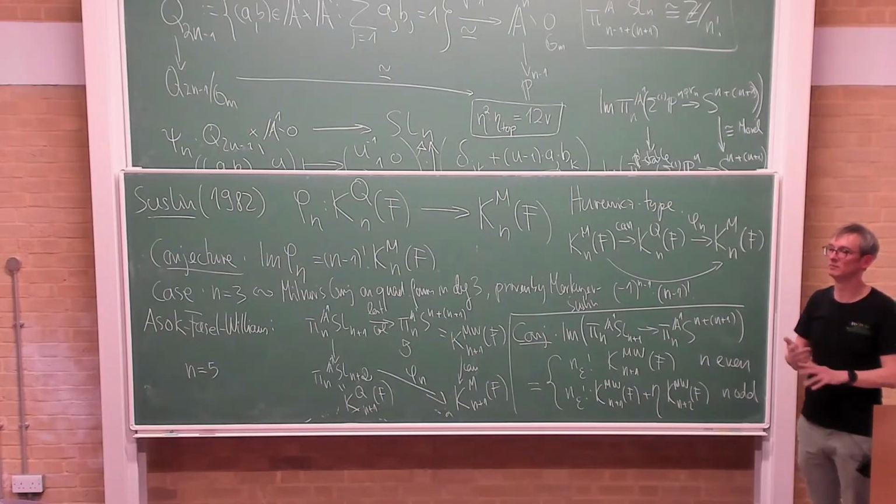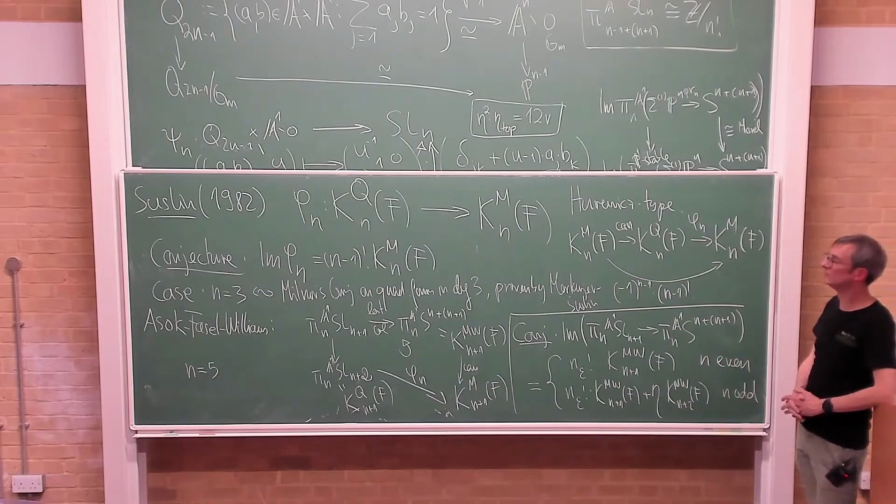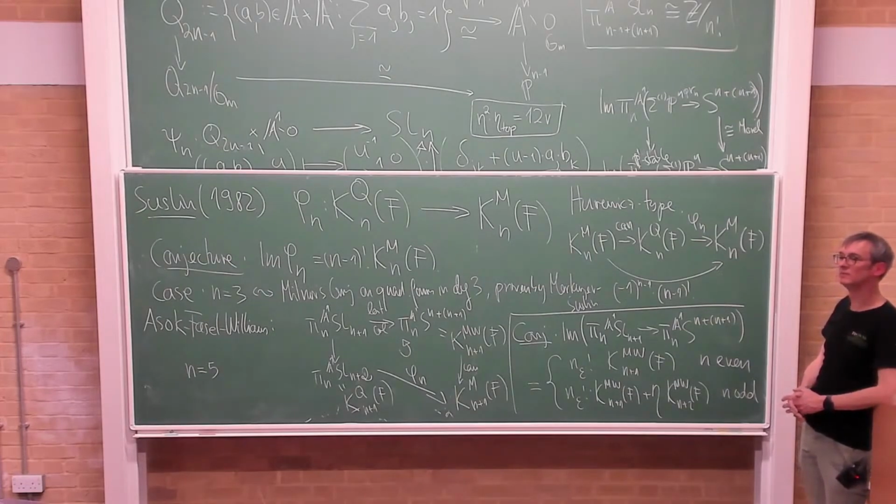So for number fields, I guess there is an open question about what is the image from K4 Milnor to K4 Quillen. Does this shed any light on this? So it depends on whether you have a real or complex field, right? I mean, totally imaginary or totally real. Yeah, no, it's only if you have some real embeddings.